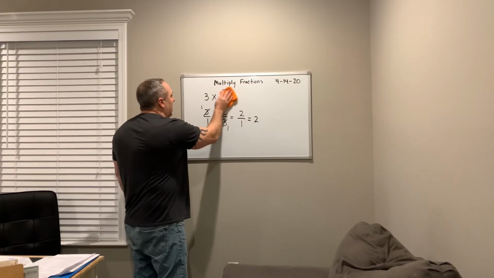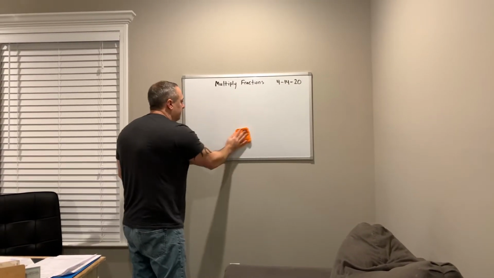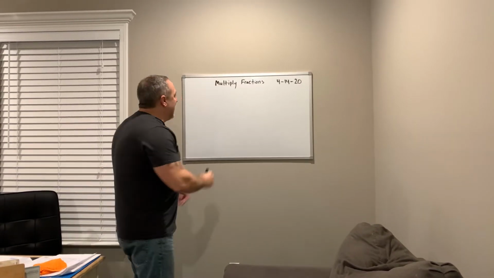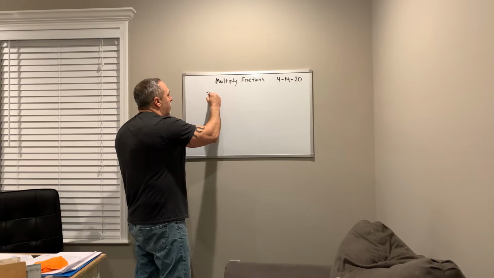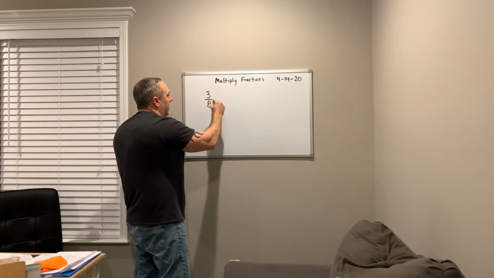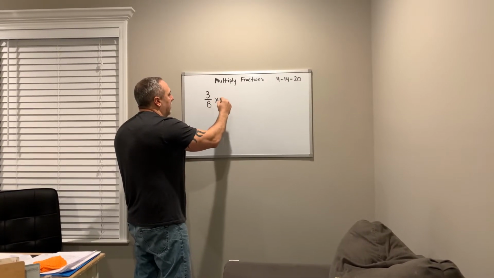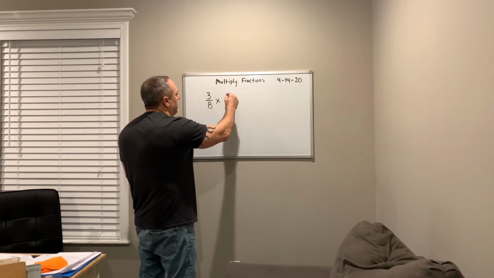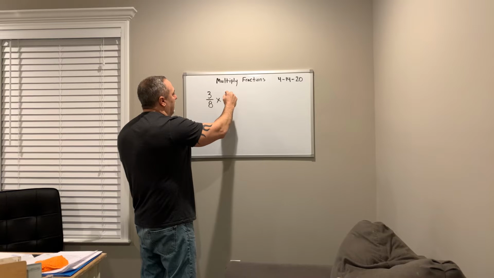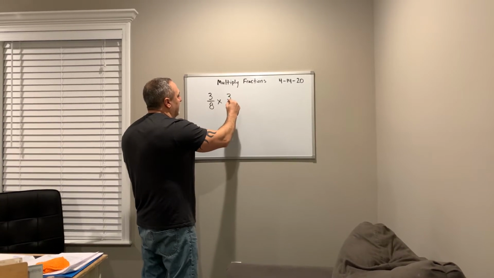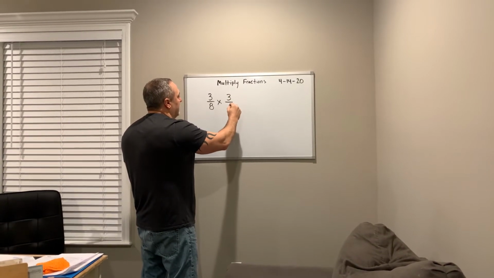All right, the second one will be a fraction versus a fraction. Let's do 3/8 times, I don't know, how about trying to find one that goes nice, 3/9.